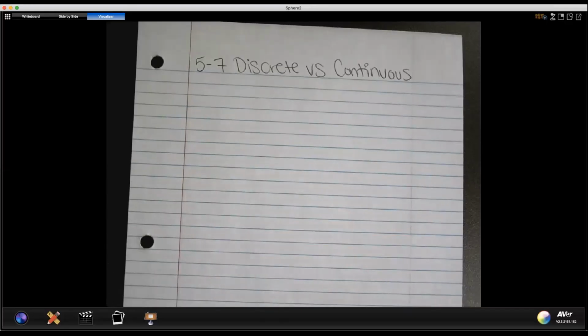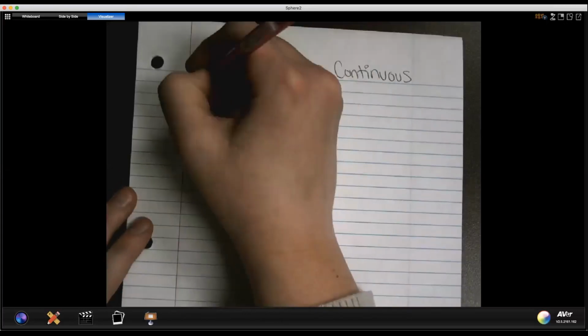Okay, so today we're covering discrete versus continuous. The first thing we're going to do is define discrete in reference to math.